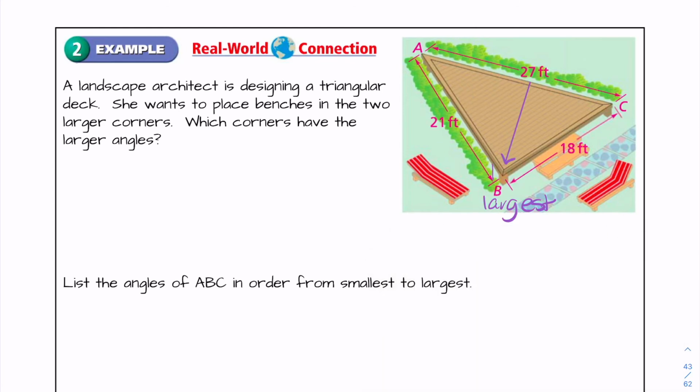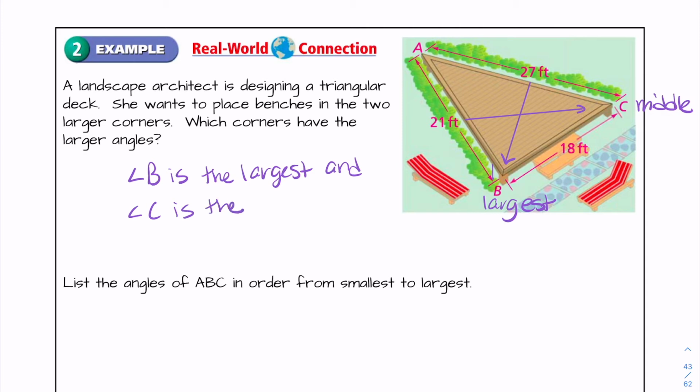And then we also have the middle one. C is the middle angle. Okay, so which corners have the larger angles? We're going to say angle B is the largest and angle C is the second largest.